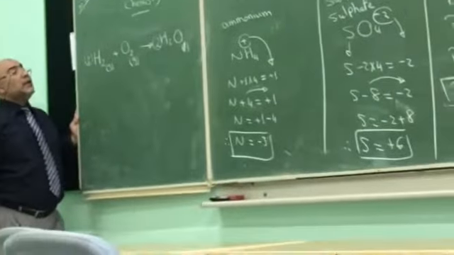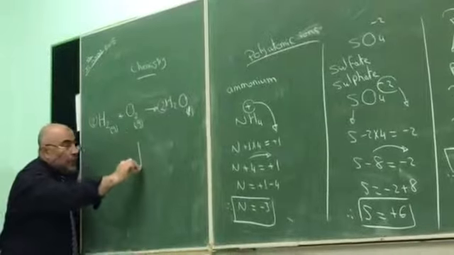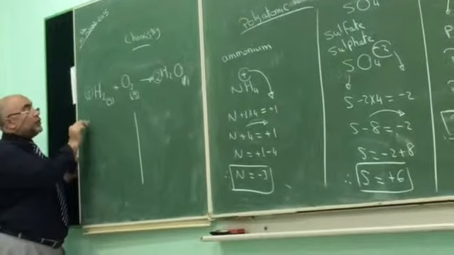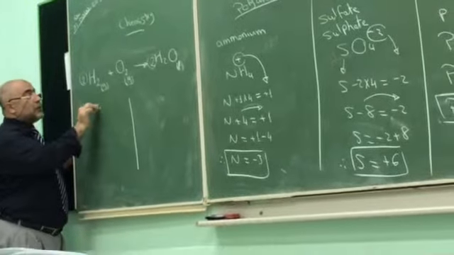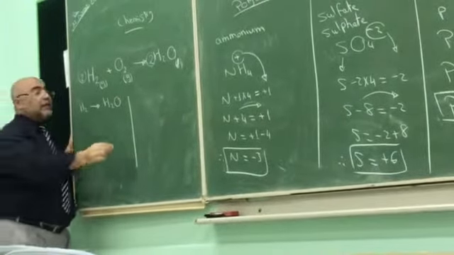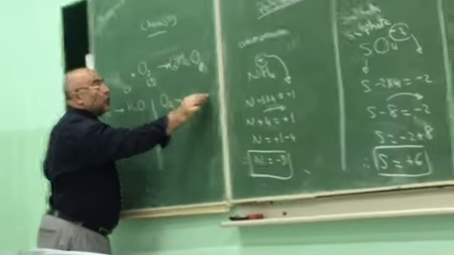So let us start one by one. At first, separate this: H2 converts to H2O, and O2 converts to H2O.